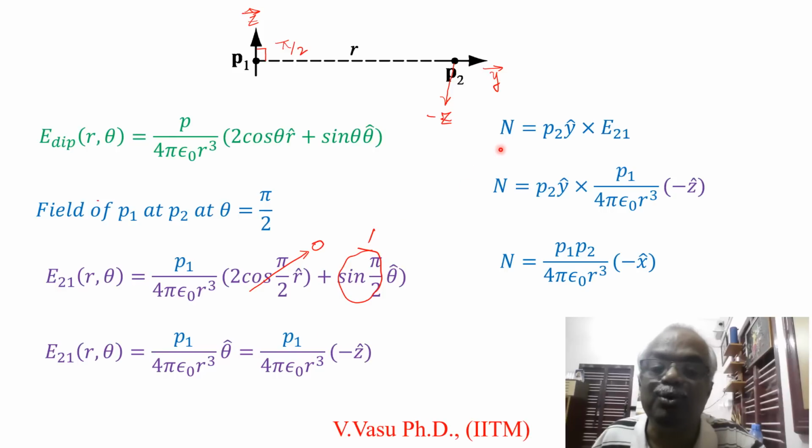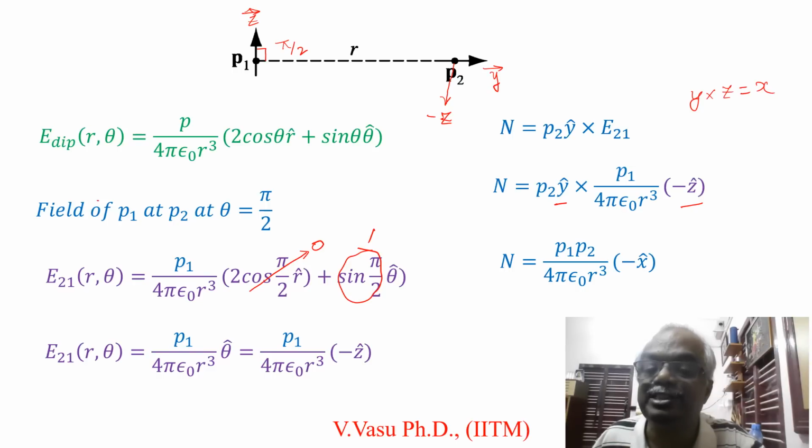So now you can see the torque is equal to p2 y cap, because p2 is along the y direction, multiplied by E21. E21 is equal to p1 divided by 4 pi epsilon naught r cube times minus z cap. So this p2, you know already, is along the y direction, y cap. If you take the cross product between y and z, you will get y cross z equal to x.